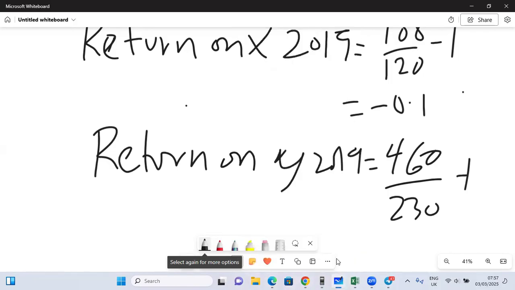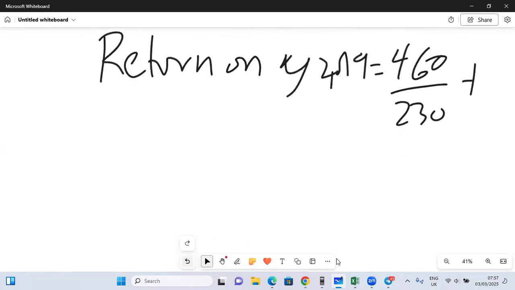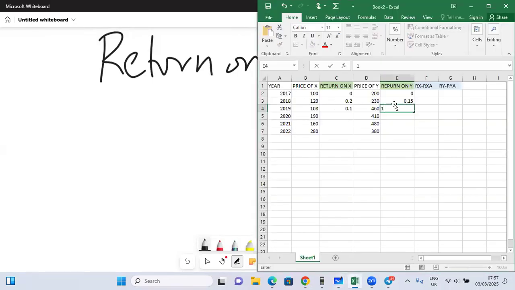So the answer is 1. Right. So you put 1 here. So the next one is going to be equal to, in brackets, I'm going to use Excel, so that's how I'll go fast. 190 over 108, brackets close.